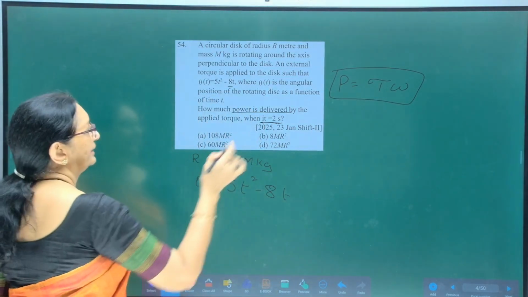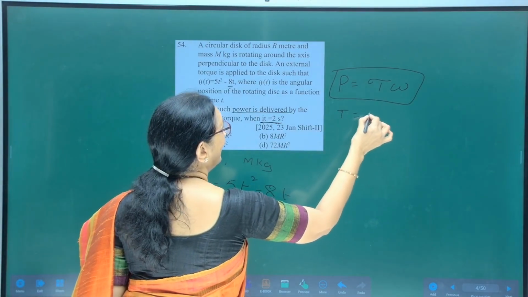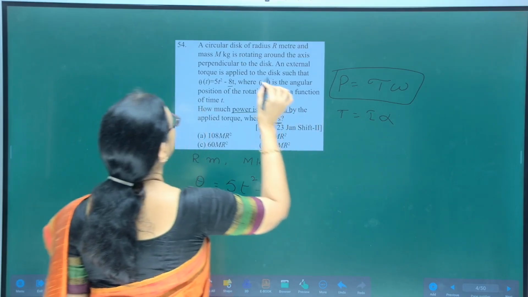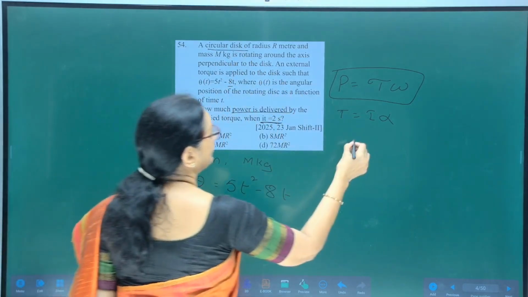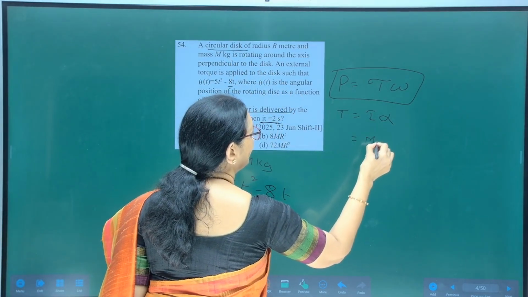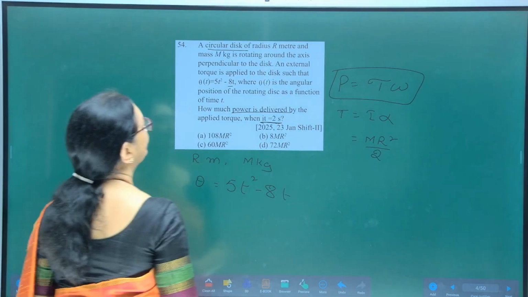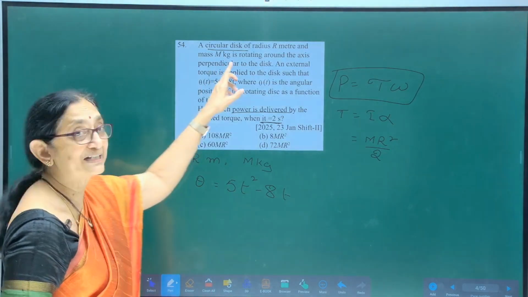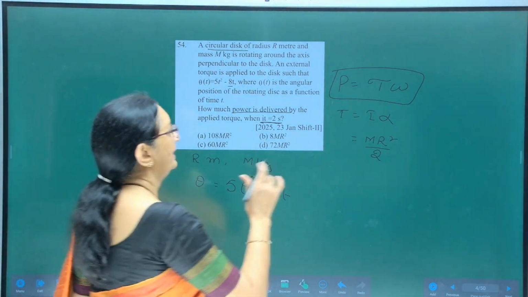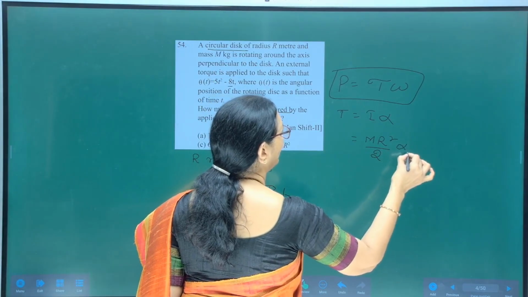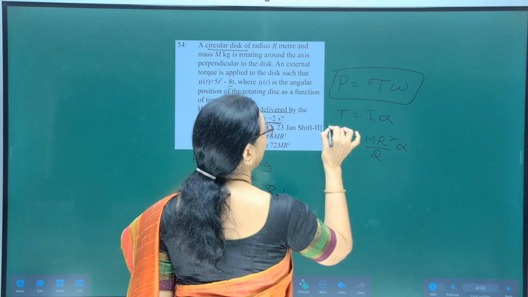First, the torque formula is I alpha. This is a circular disc, so I, about an axis perpendicular to the disc, is mr square by 2, into alpha. That is the torque.